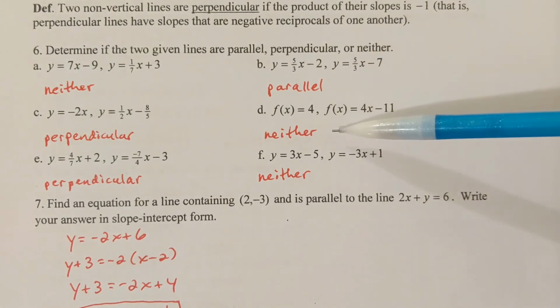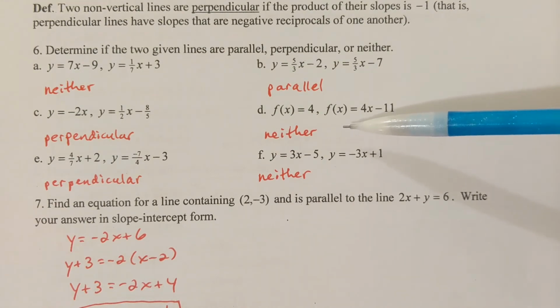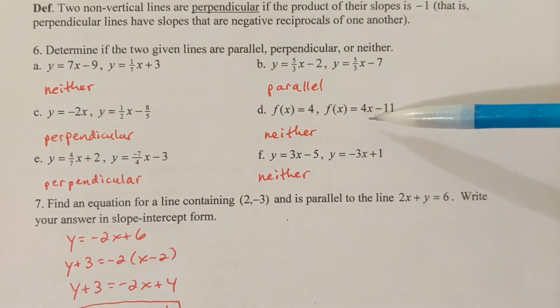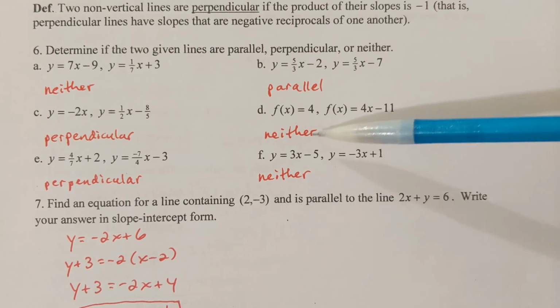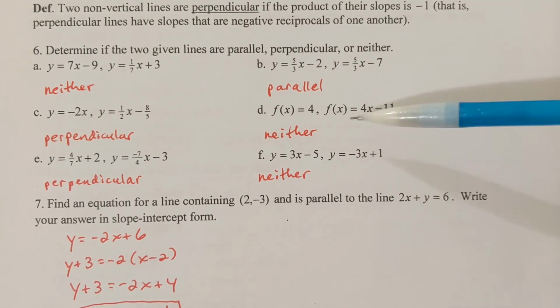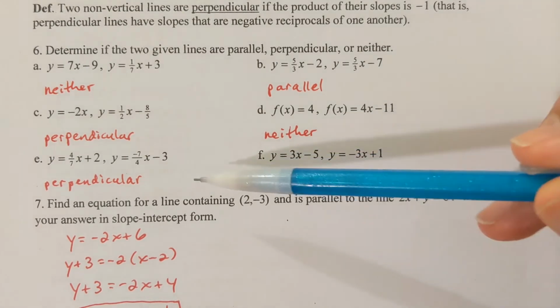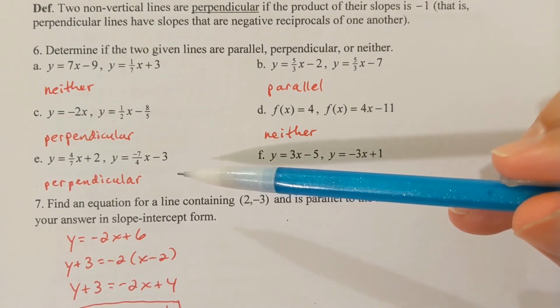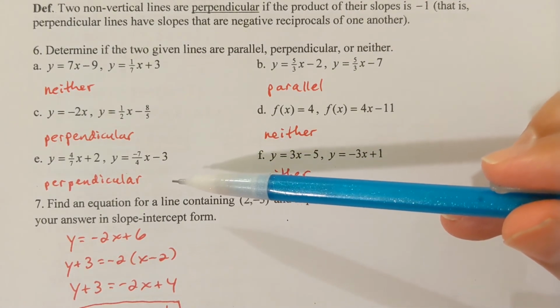Okay, y equals 4 and y equals 4x minus 11. Those are neither. One has a slope of 0 and the other has a slope of 4. I'm using function notation, but same idea. y equals 4/7 x plus 2 and y equals negative 7/4 x minus 3.